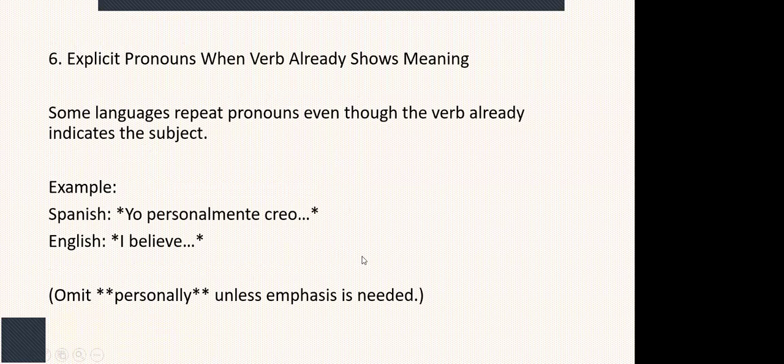Explicit pronouns when verbs already show meaning are a similar case. This is very, very common in Spanish. "Yo personalmente creo." Simply, "I believe." This "personally" is an emphasis that is necessary if you are highlighting some opinion. But if you are not, you leave out "personally."